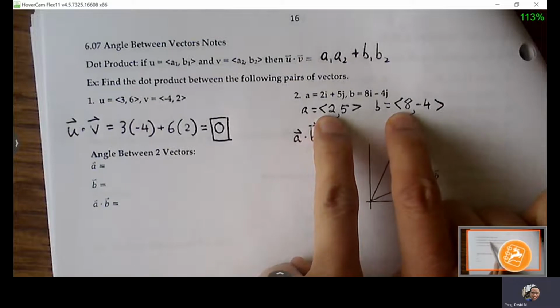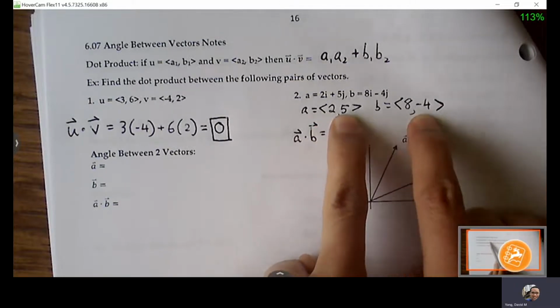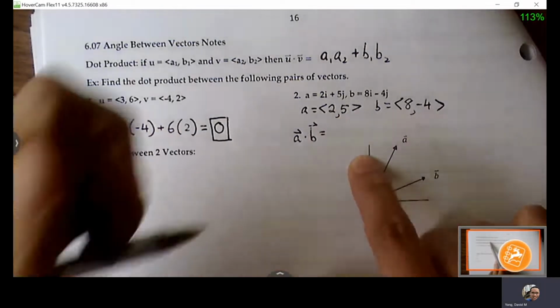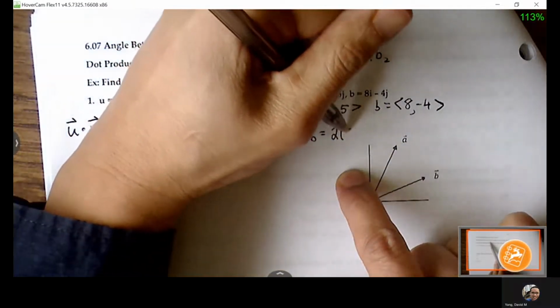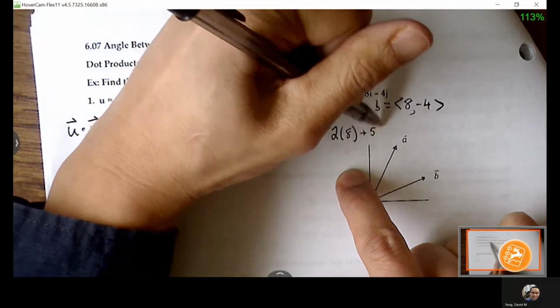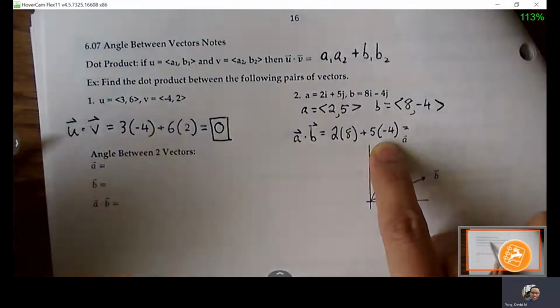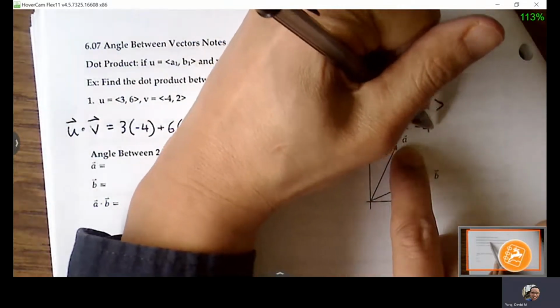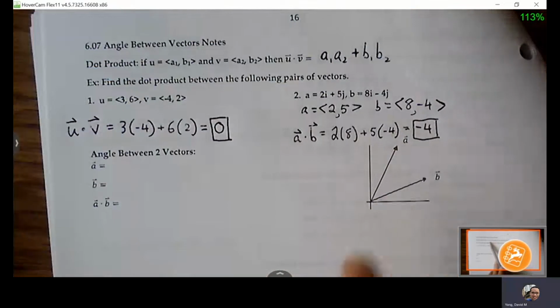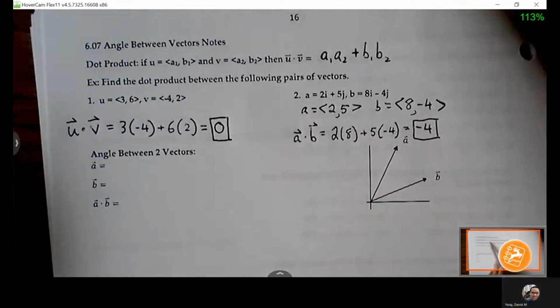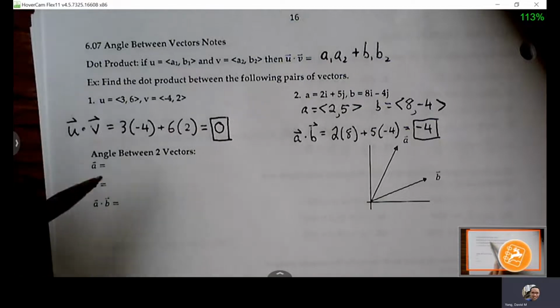Combine the horizontal components together, and then separately combine the vertical components together. And then you just put a plus sign in between. -20 plus 16. Okay.